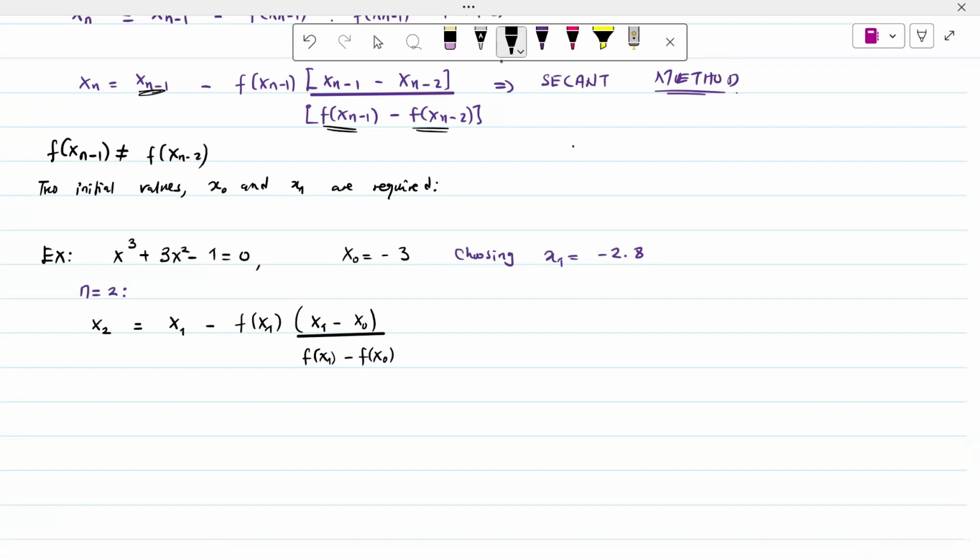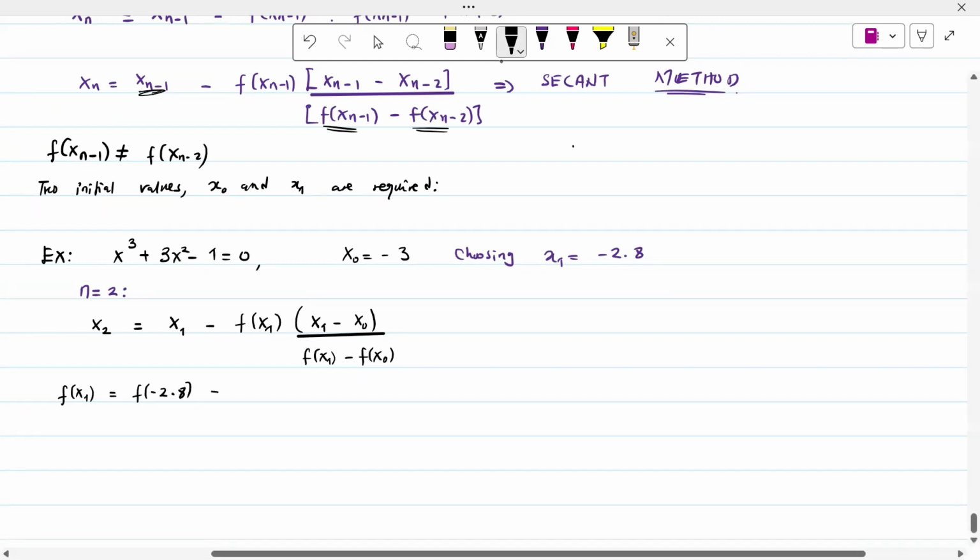You notice that we have x1 given to us, x0 is given to us, so we can just find what those values are. Let's find f of x1 first. Our x1 we chose as negative 2.8, so this is f of negative 2.8.